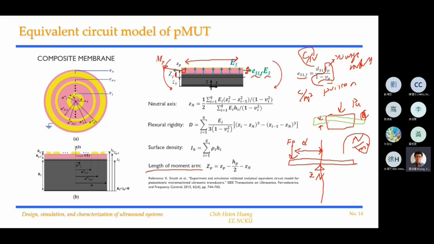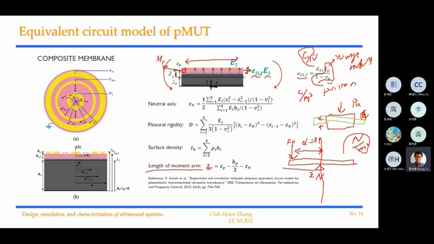Okay, then we call this length dp. Because in this model, the only thing we can create movement, we can create expansion, we can apply forces is our piezoelectric layer, right?